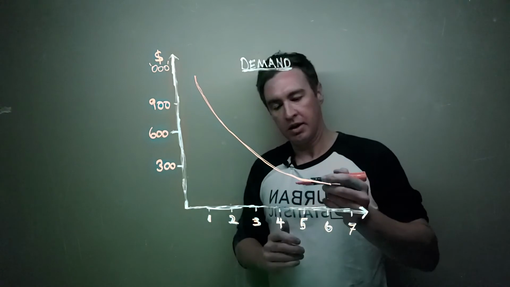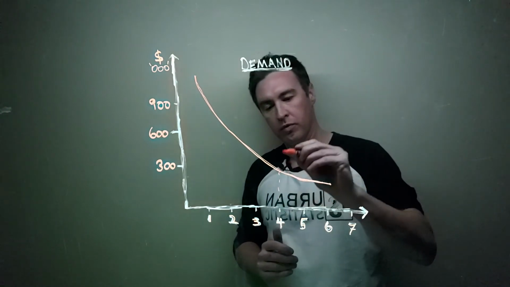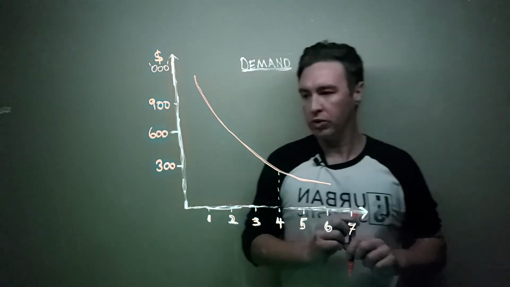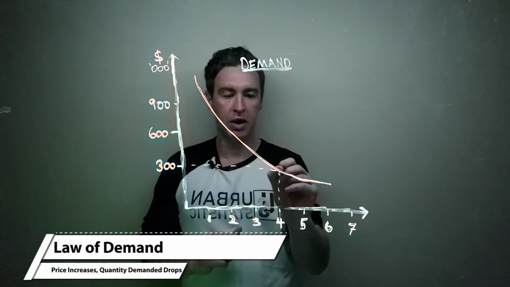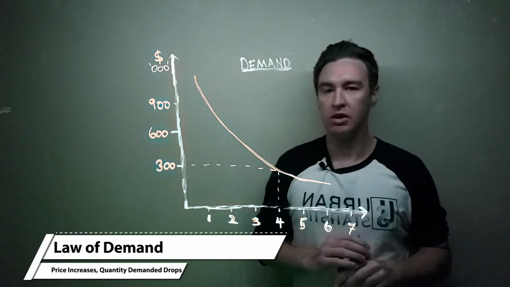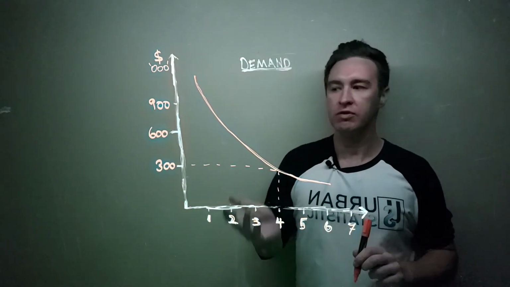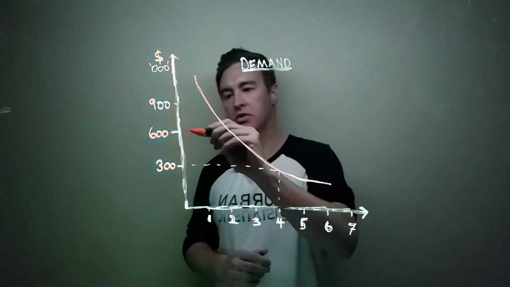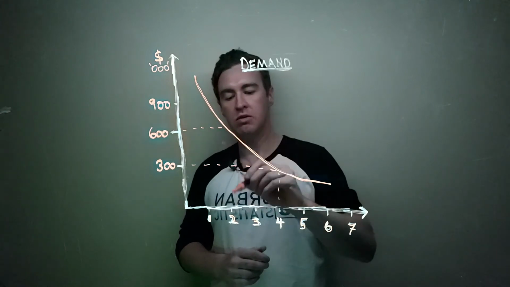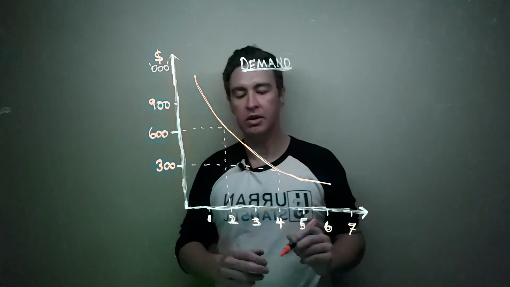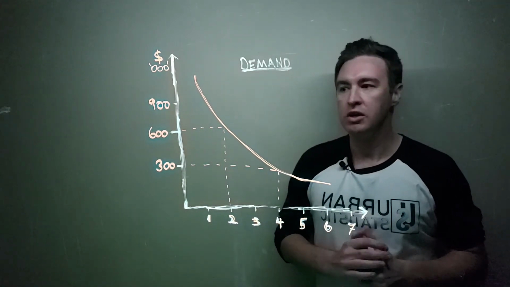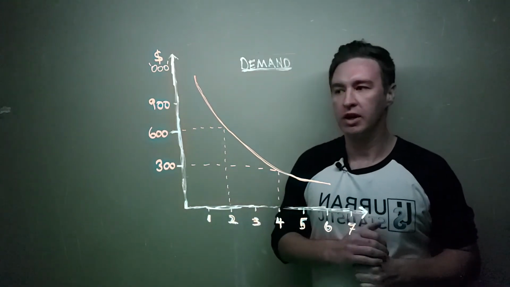Well, let's say at 4 3-bedroom brick veneer houses, the market would be prepared to pay $300,000. But what happens if we lifted that price to say $600,000? Well, at $600,000, the quantity demanded by the market is only 2. So you can see how it has that inverse relationship.